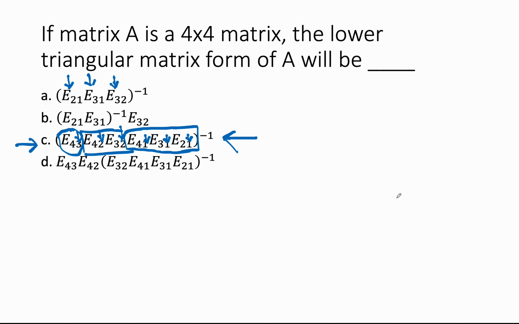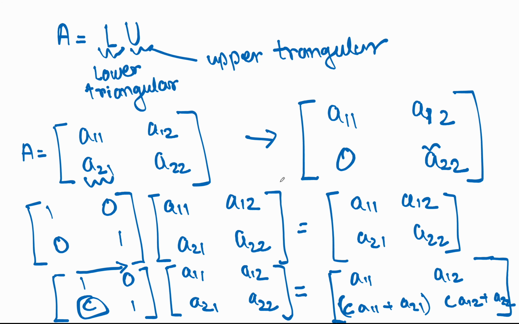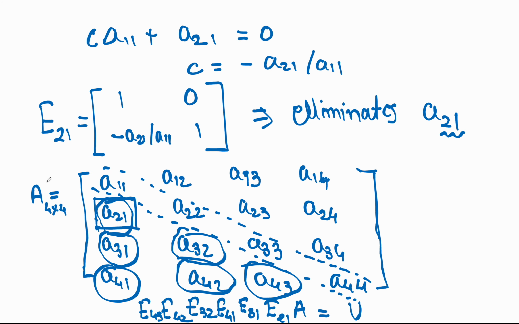And in the next question, we saw what are the elementary operations involved to convert a matrix into lower and upper triangular form. If we are eliminating the element at location 2 1, that will be performed by E21, so this 2 1 denotes at what location the element will get eliminated.